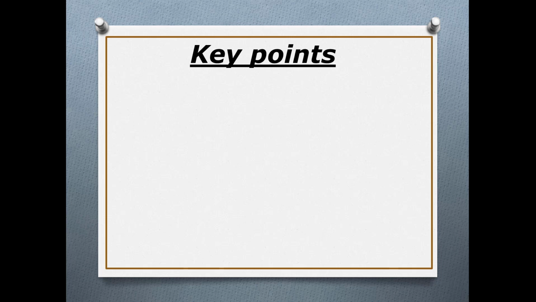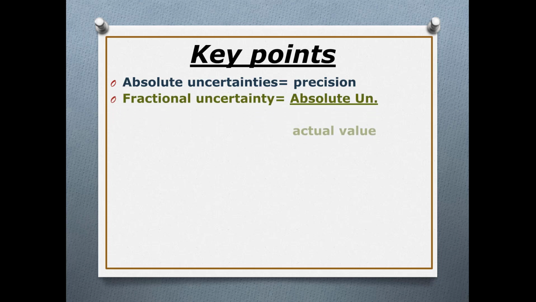The key points we have discussed: absolute uncertainties are simply the precision or least count, indicating the precision in a given measurement. The formula for fractional uncertainty is absolute uncertainty over actual value.